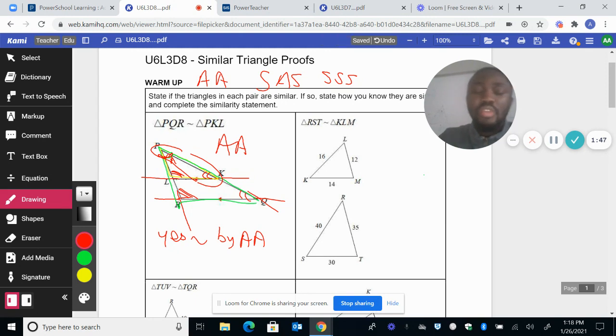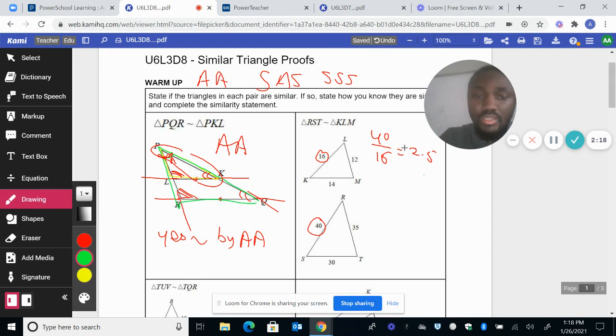Here, since I have information about the three sides of each of the triangles, I might use side. This is the best way of doing it, and these two triangles are disjoint; they are far away from each other, so there's no angular relation. If I take big over big, that will be 40 over 16, which is 2.5.